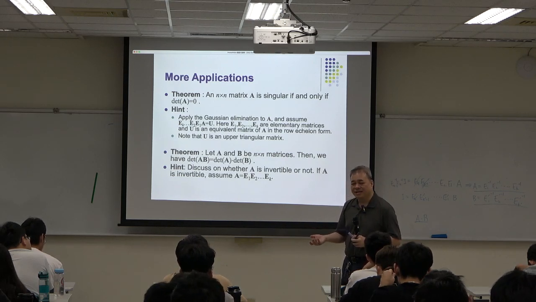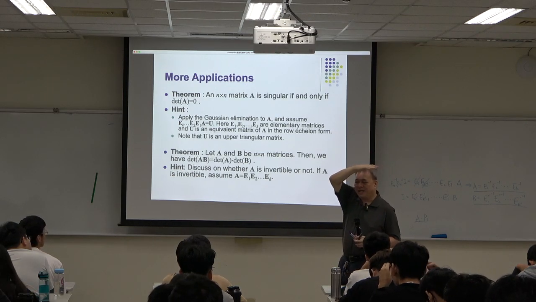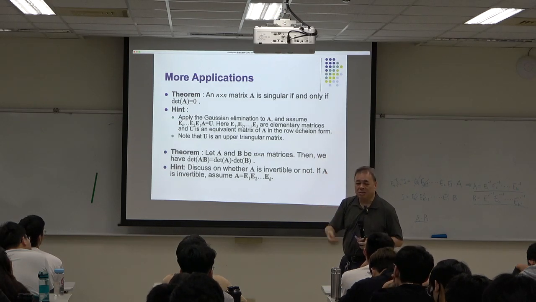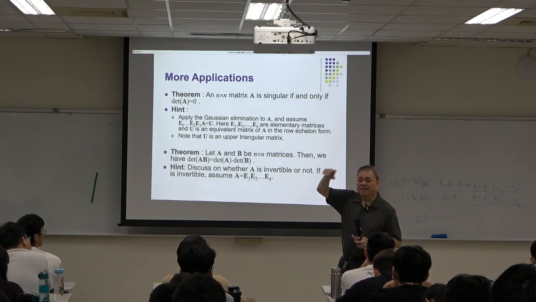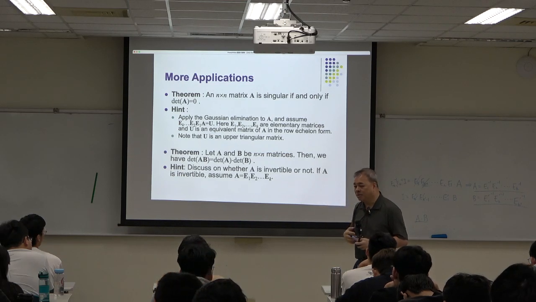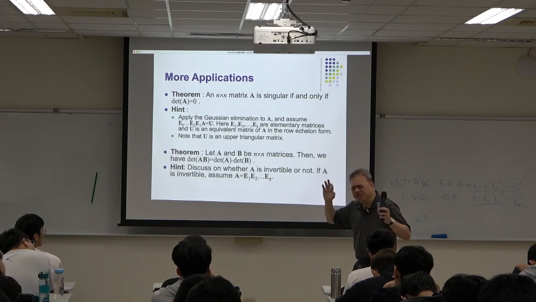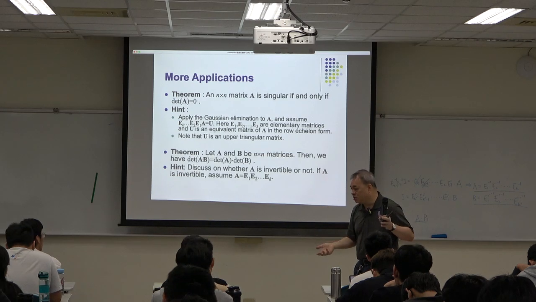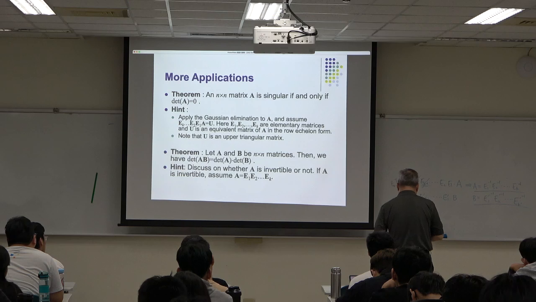And if you multiply a row by constant C and add it to another row, what is the inverse of that? Multiply the original row by negative constant C and add to that row to cancel it out. So basically all these inverses are also elementary row operations too. I just want you to be aware of that.